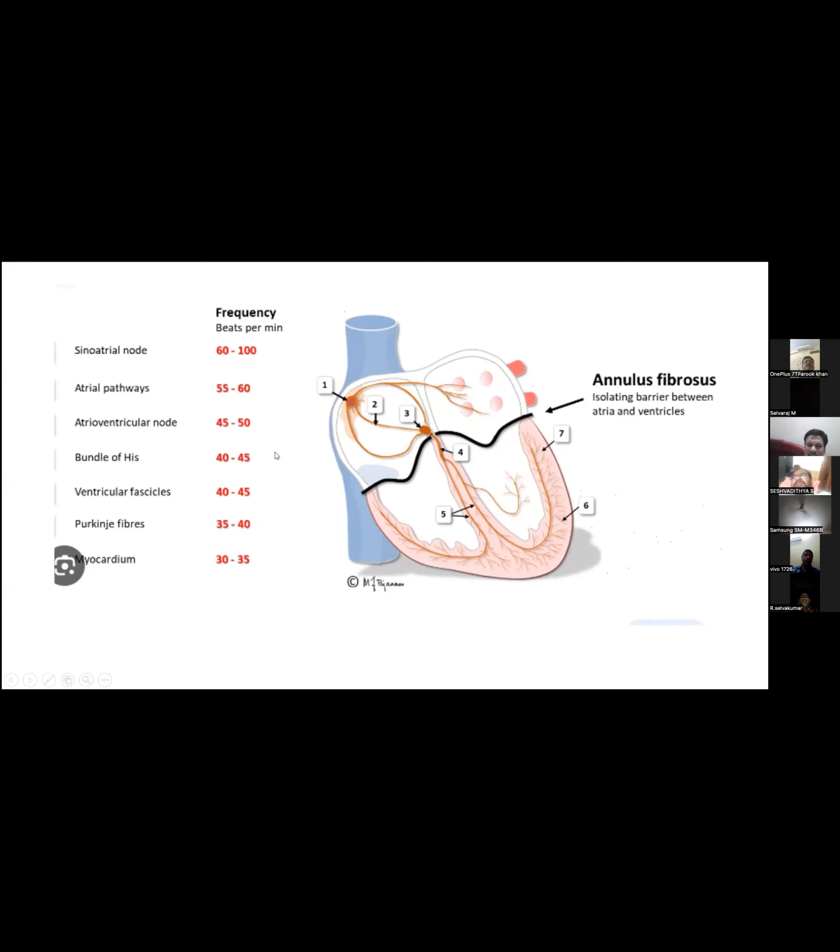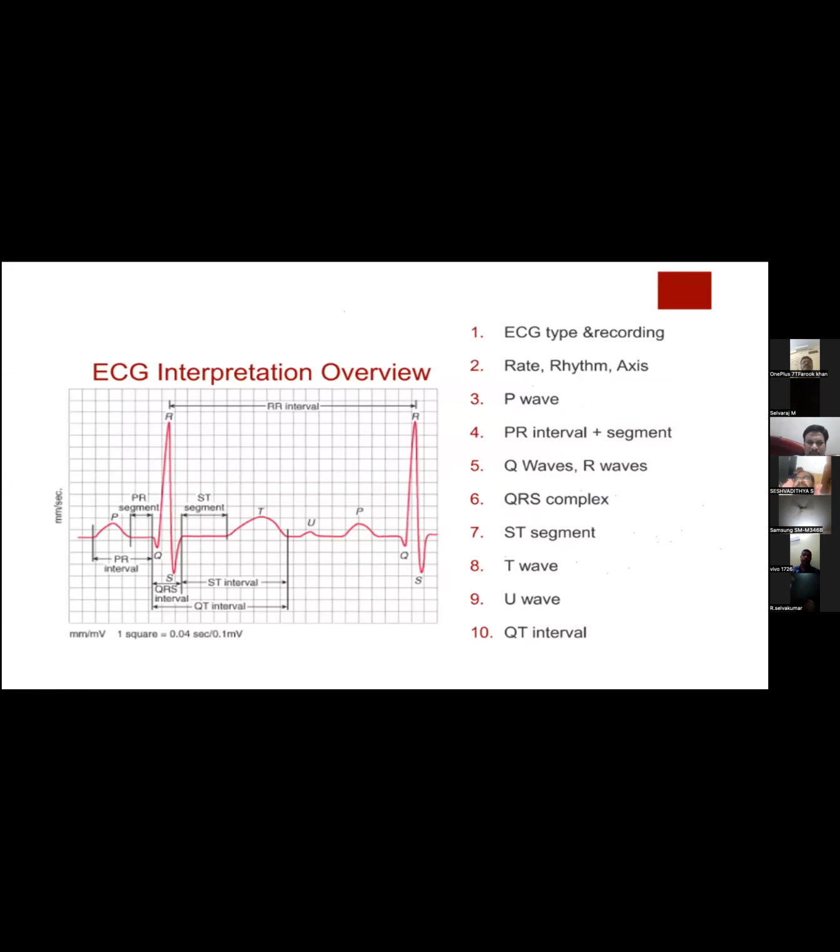The bundle of His, generally called junctional rhythm, works at around 40 to 45. Ventricular fascicles, the right and left bundle, work at around 40 to 55. And Purkinje fibers, 35 to 40. Until here, there will be a stable rhythm, and beyond this, in the myocardium, there will be an unstable rhythm with wide QRS complex, and the rate will be 30 to 35.